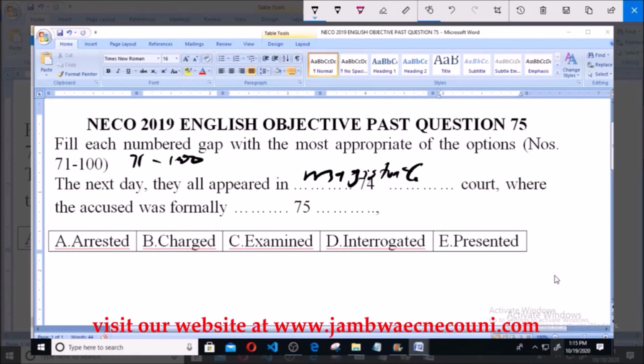A, arrested; B, charged; C, examined; D, interrogated; E, presented. Now, before an accused fellow will be taken to a court of law, he has been arrested. So arrested has taken place before now.